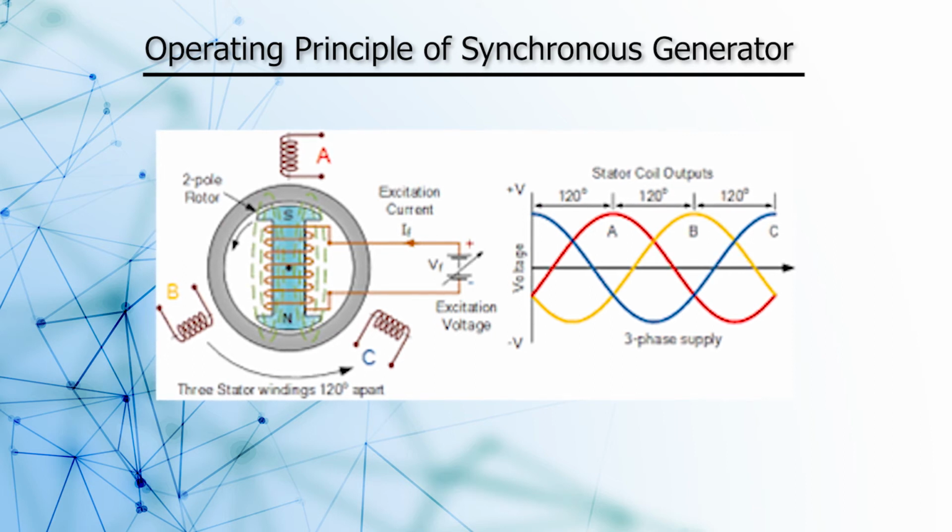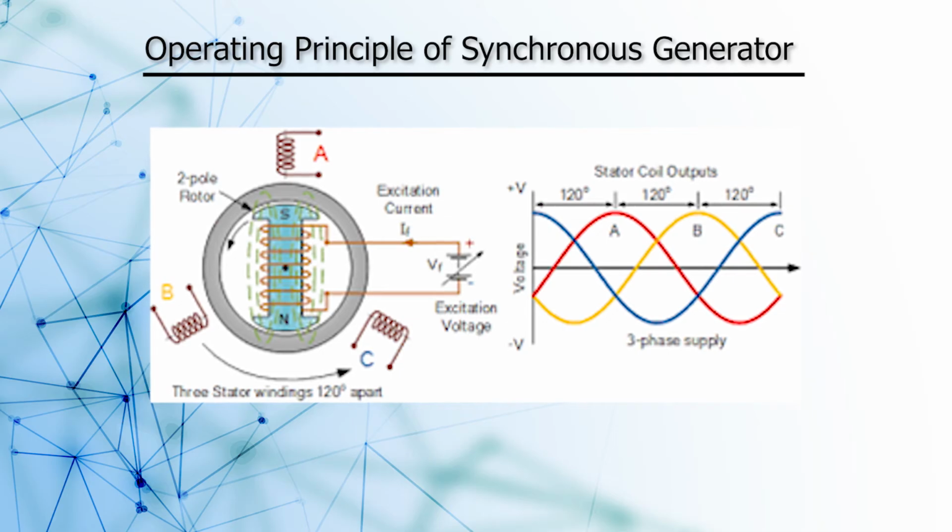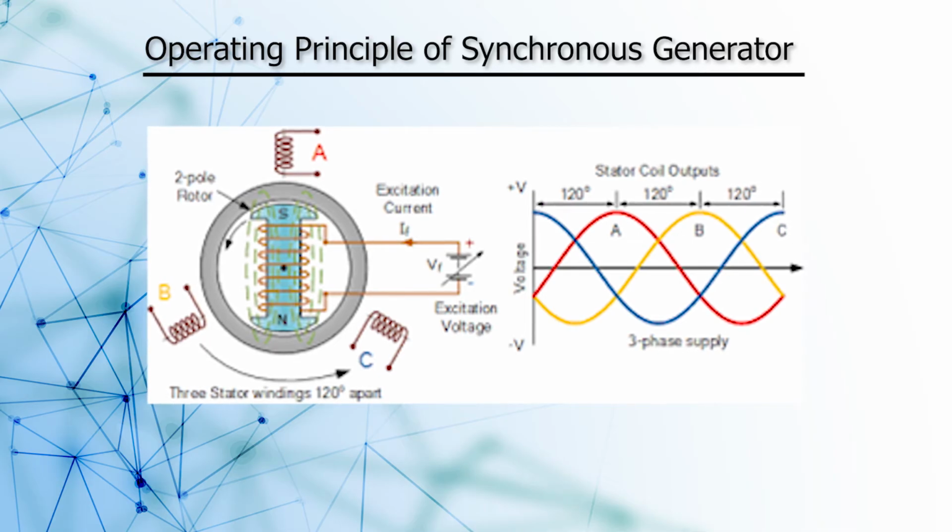These three lines, sinusoids, blue, red and yellow, represent the different phases. The red one is phase A, then the yellow one, as you can observe, we have named it phase B, then you have blue as phase C. And you can observe in graphs as well that the relative displacement between these phases is 120 degrees.